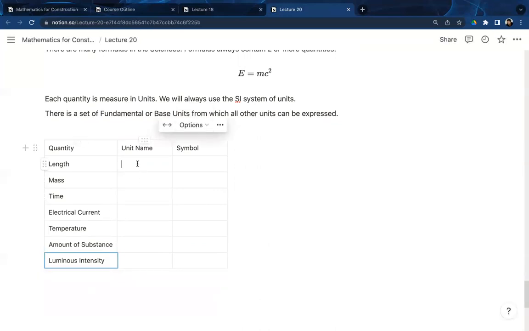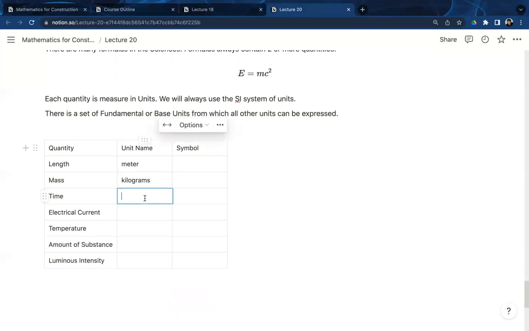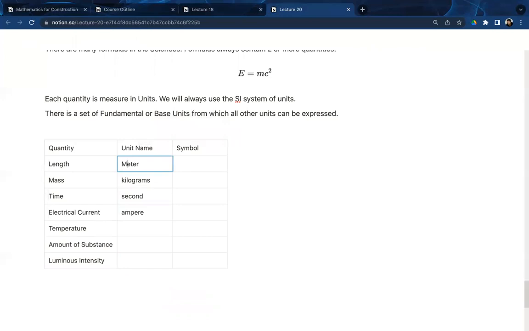So the unit name is meter, right? Length is measured in meters. Mass is measured in kilograms. This is a unit for measuring mass. Time is in seconds. Electric current is amperes, right? We capitalize these things because they're nouns.